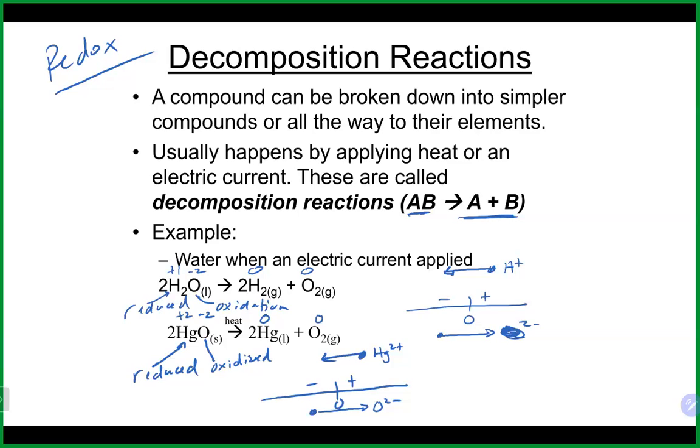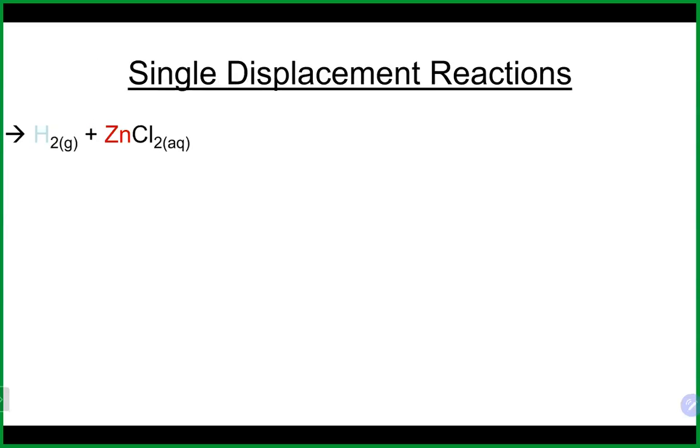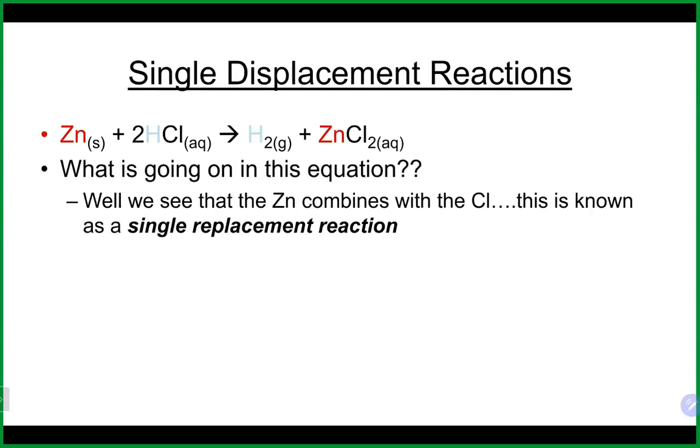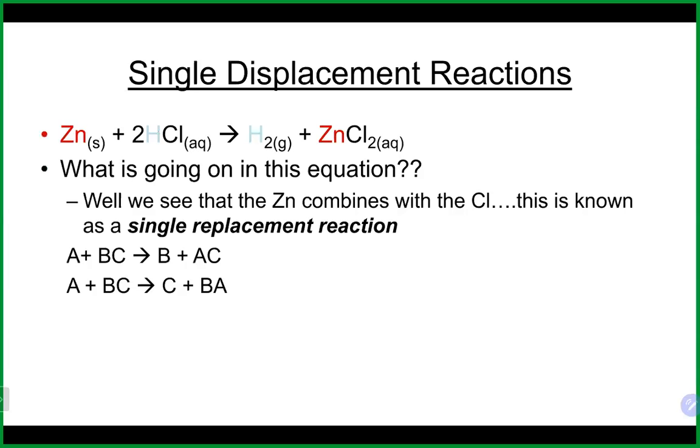All right, some other reactions that fall under the redox umbrella, in addition to synthesis and decomposition reactions, is a single replacement reaction. And in a single replacement reaction, this is also a redox reaction. But what happens in this type of reaction is one of two things could occur.